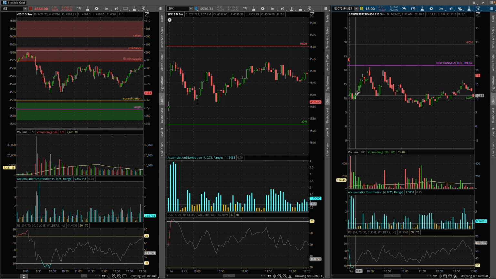So again, I entered right here at 1050. It ended up stopping me out up here around 1630 or 1650, somewhere around here. I ended up making $650 per contract. And if you guys understand the value of this contract, if you just take the 1650 and multiply it by 100, the contract was worth $1,650 times 10.